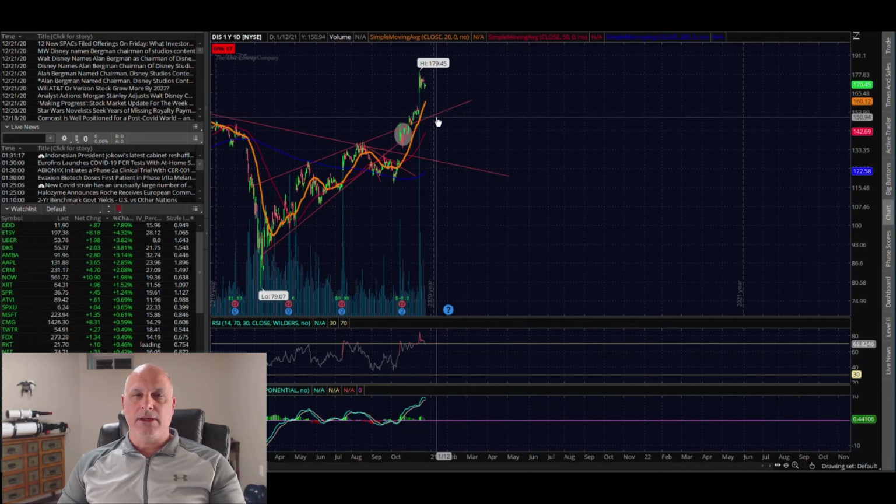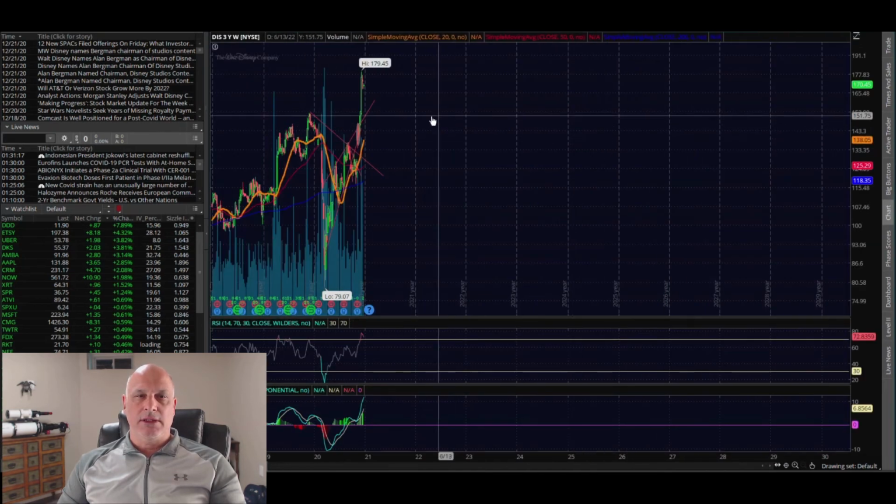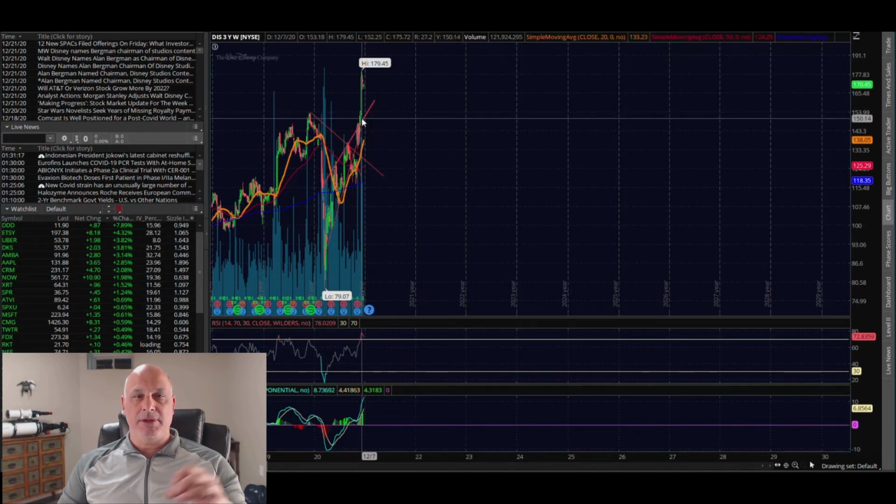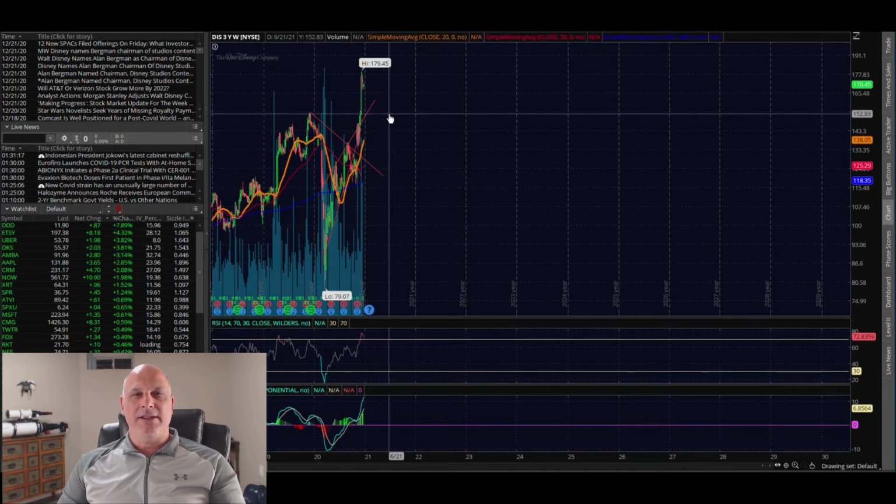I was targeting the 150 area for January, mostly because this is where it previously was. I figured it would come back up and reach its all-time highs and kind of have trouble getting through that area, kind of like a double top fashion.